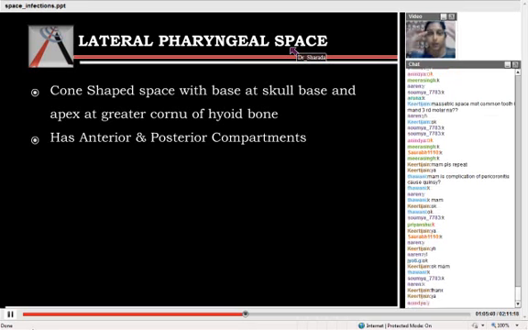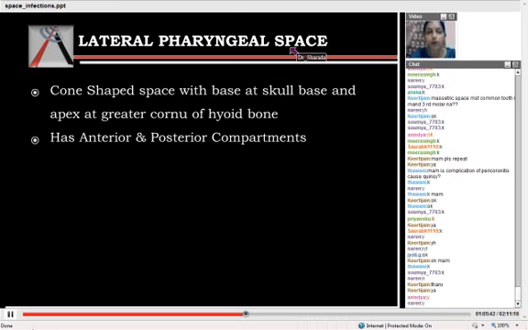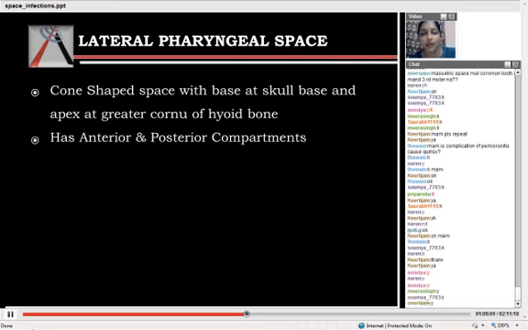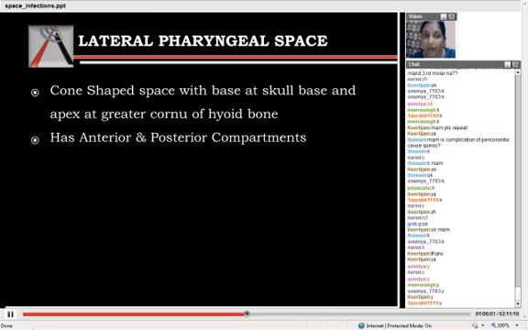So, when you talk of the lateral pharyngeal spaces, you're going to have a cone-shaped space. The base is the skull base near your superior constrictor, and the apex goes right up to the greater cornu of the hyoid bone. Are you getting it? Okay, so you're going to have your anterior and posterior compartments in this.